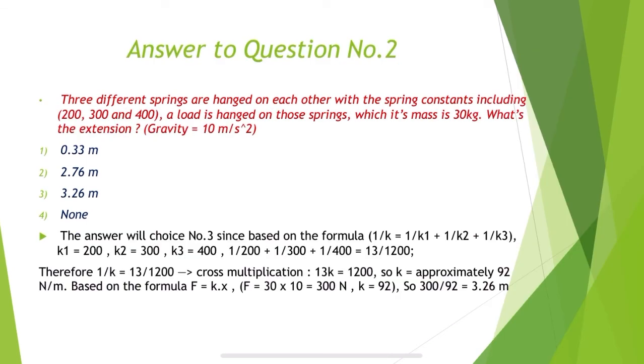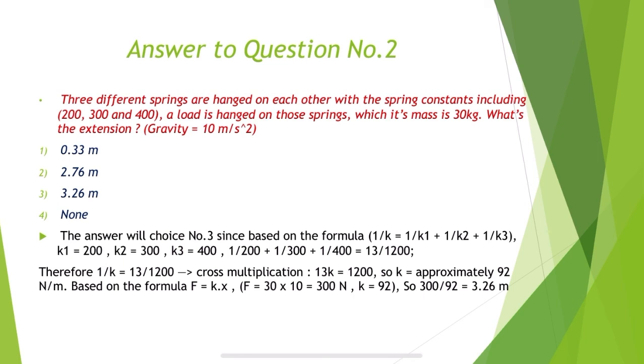The answer will be choice number 3, since based on the formula, 1 over k equivalent equals 1 over k1 plus 1 over k2 plus 1 over k3, in this case 3 springs. K1 is 200, K2 is 300, and K3 is 400.